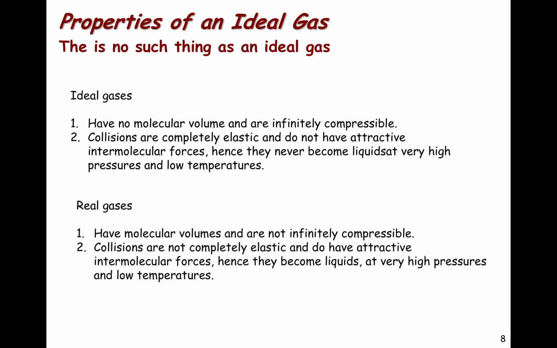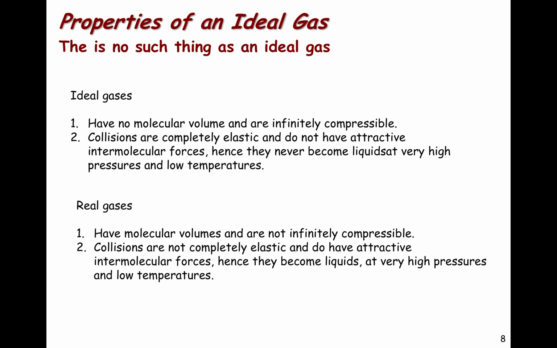So at this point, we can define what an ideal gas is and compare these properties to what real gases behave like. An ideal gas is a substance that has no molecular volume. As a result, you can apply pressure to it, and the pressure would never cause the molecules to actually come in contact with one another.